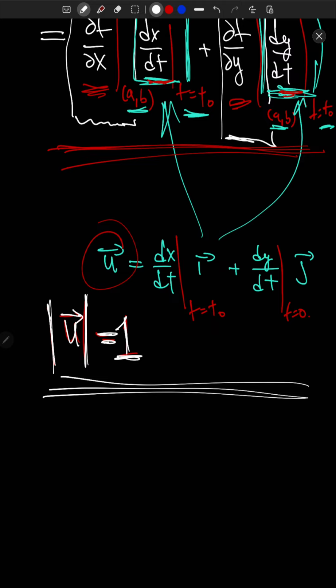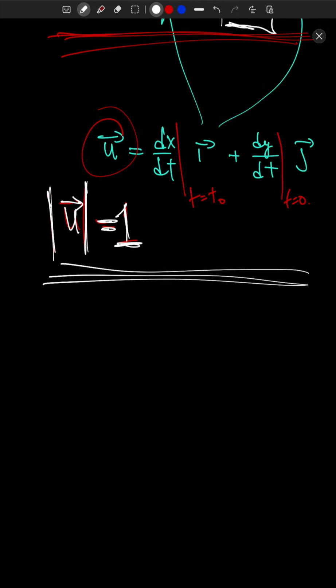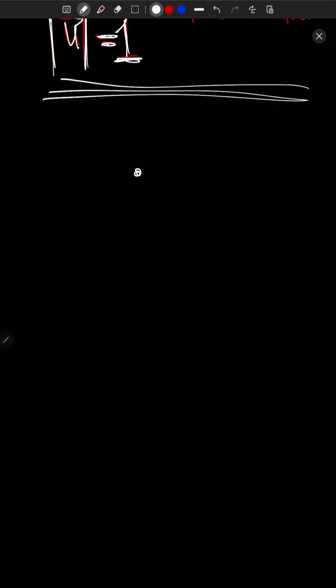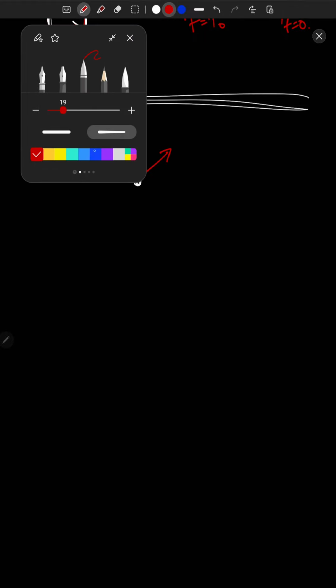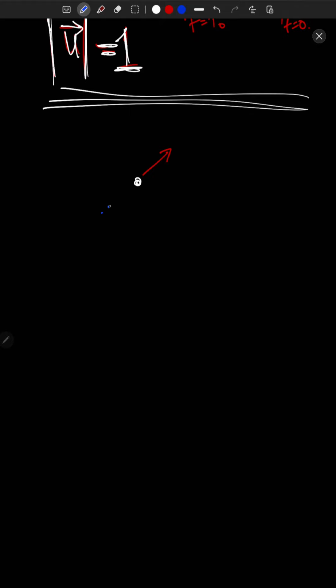Of course, in practice, if we're interested in this point, we want to know how the function changes in that direction. In practice, probably the easiest parameterization is just a straight line parameterization with a constant velocity in that direction of this length.